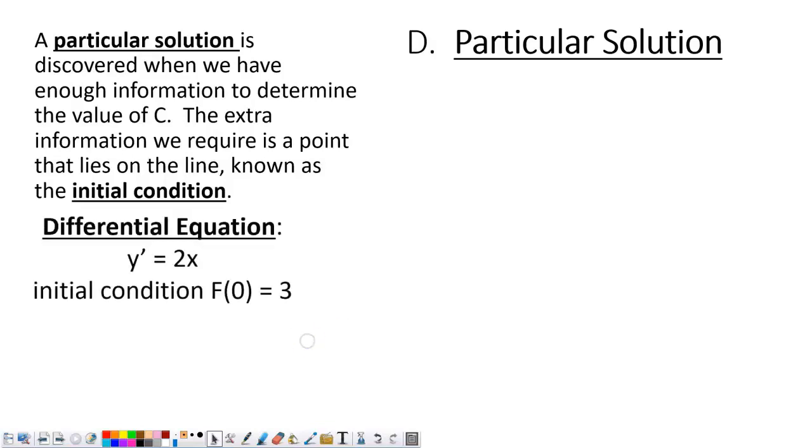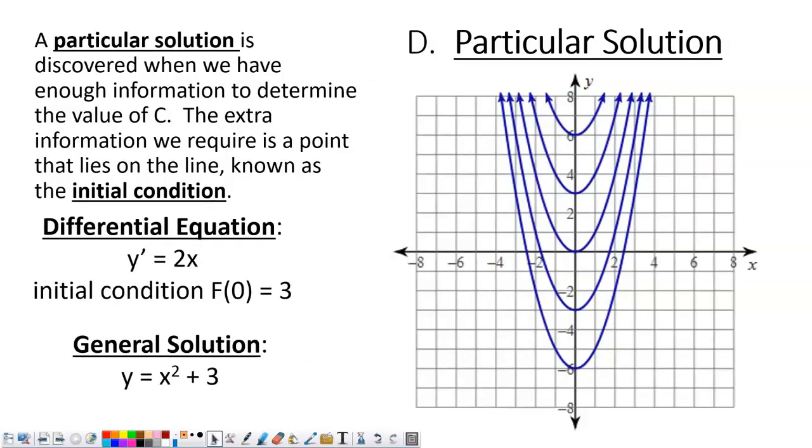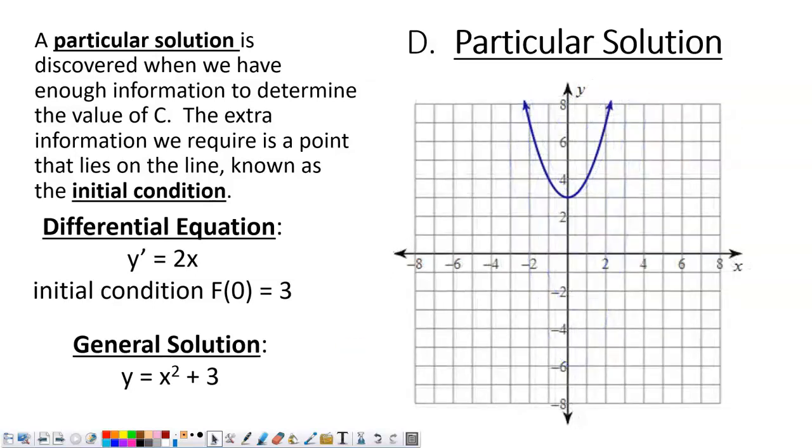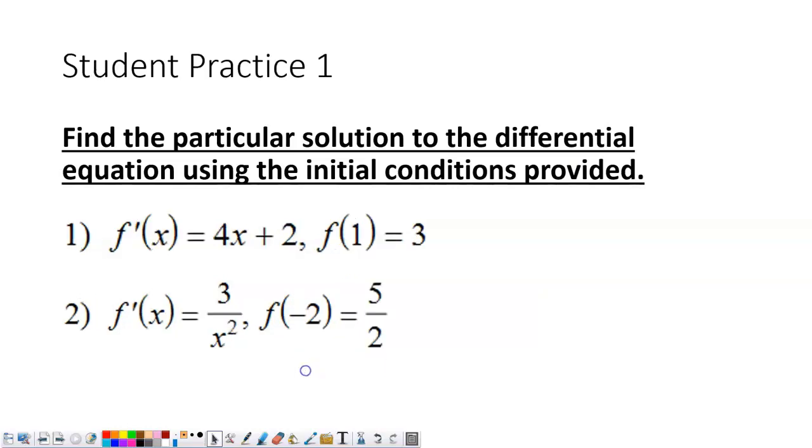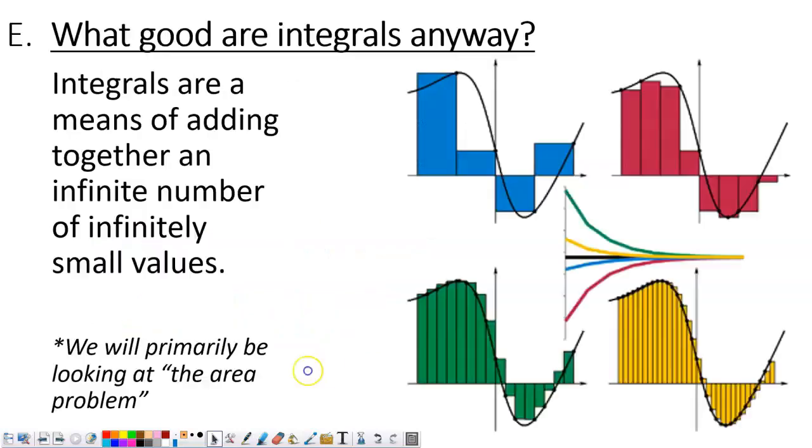But whenever you have an initial condition and you can find out what c is, we call that a particular solution. So we practiced finding particular solutions when I gave you a differential equation and an initial condition.